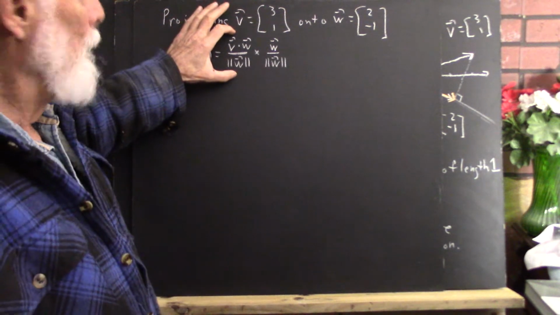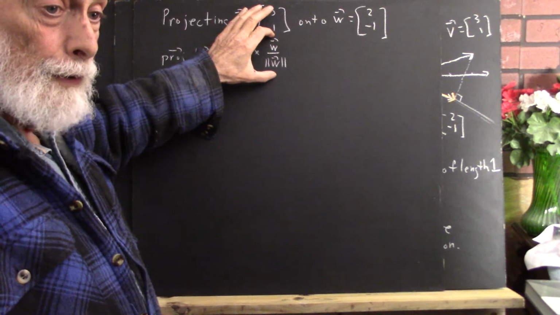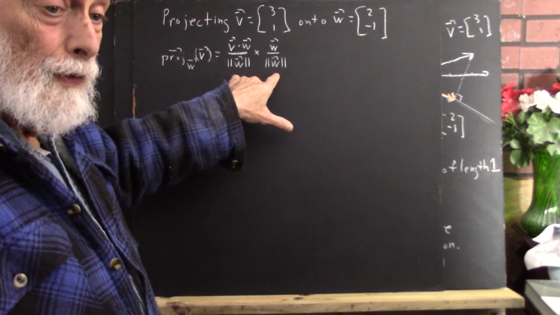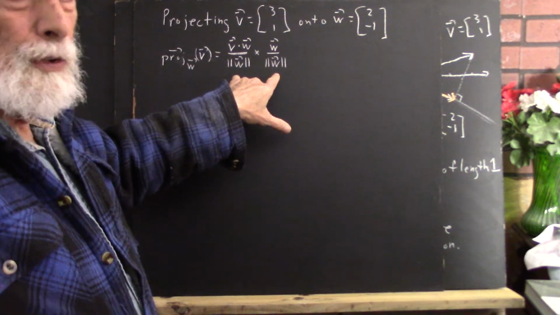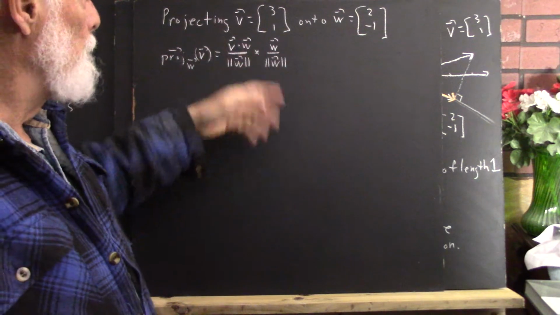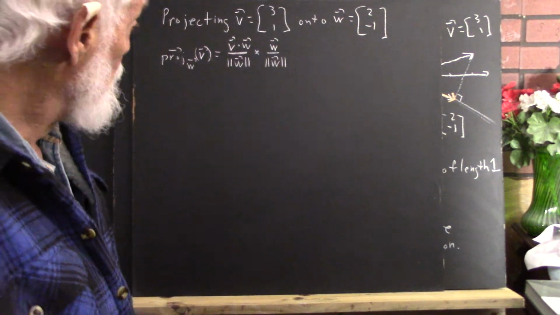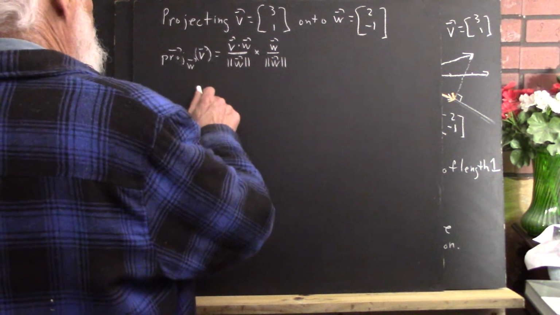This is your magnitude of V cosine theta. This is your unit vector in the direction of W. If you combine these two magnitude of W expressions, you get the magnitude of W squared, which is algebraically correct. You totally obscure the fact that you've got a unit vector times your V cosine theta. So I prefer to do it this way, and I'll even emphasize that.